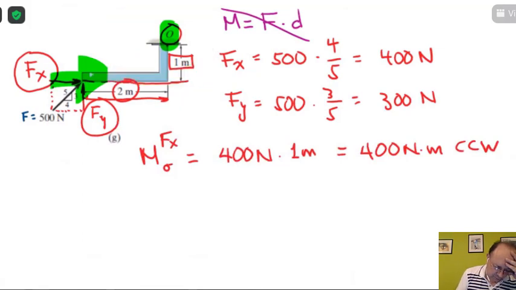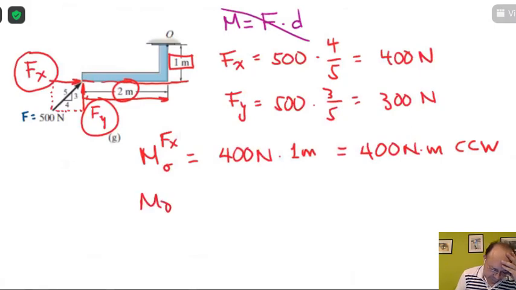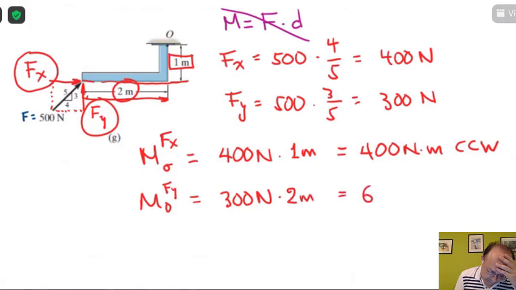And now for the moment of Fy with respect to O, it will be 300 newtons, Fy, multiplied by 2 meters, so it will be 600 newton meters.